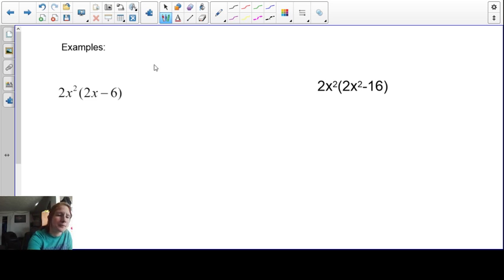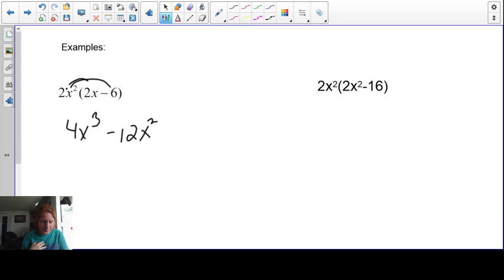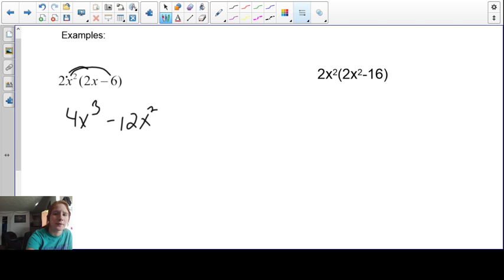If I multiply that in, that gives me 4x cubed minus 12x squared. Now I take the derivative: the 3 comes out and multiplies with the 4, so I get 12x squared minus 24x.